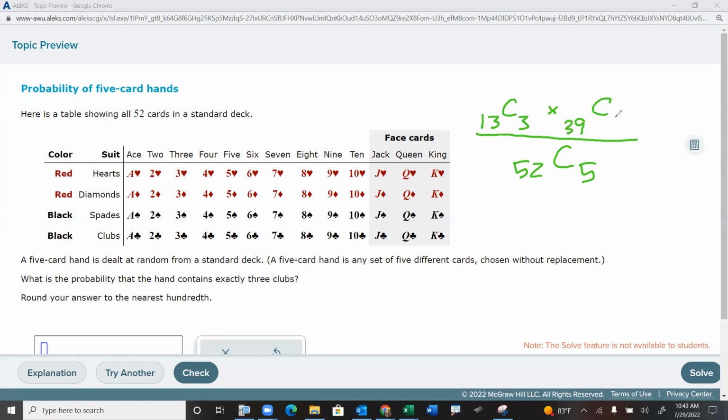And how many ways can we pick 2 out of those 39? This would be the setup. And you end up with, nearest hundredth, 0.08, so about 8%. About 8% probability you draw 5 cards at random and get exactly 3 clubs. No more, no less.